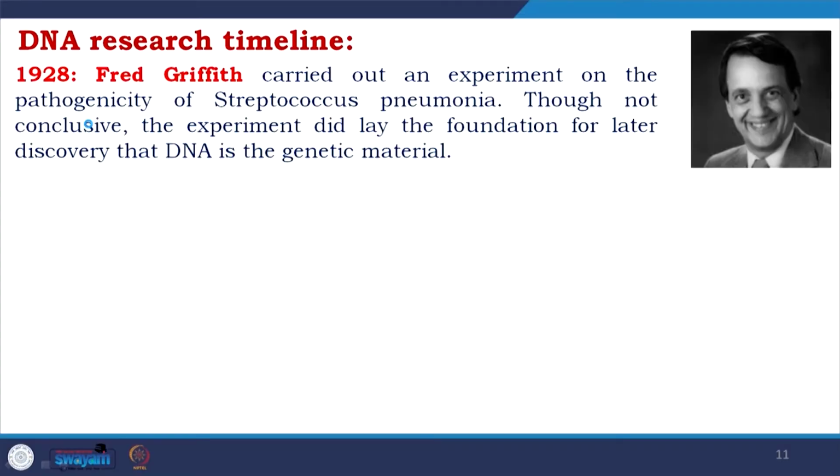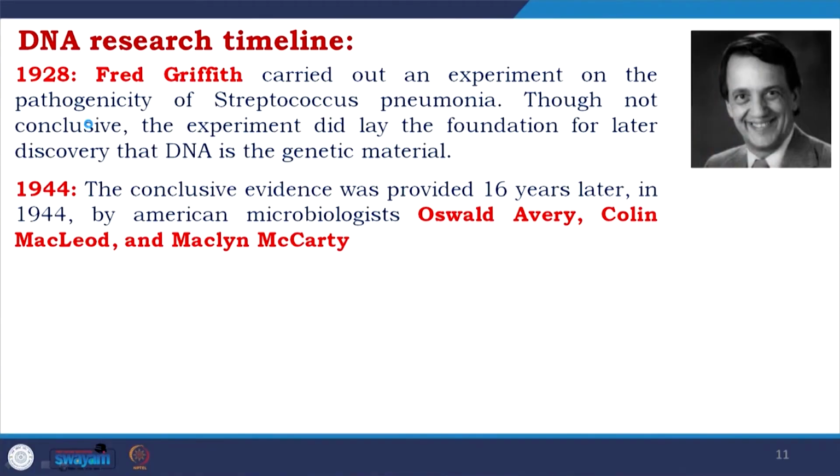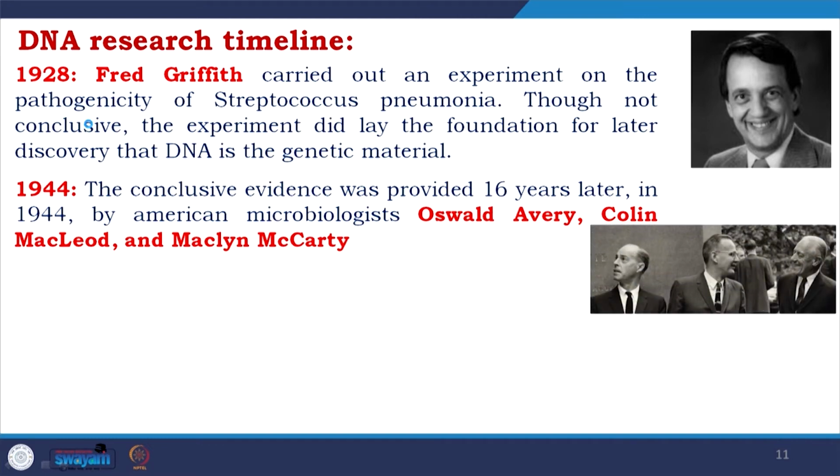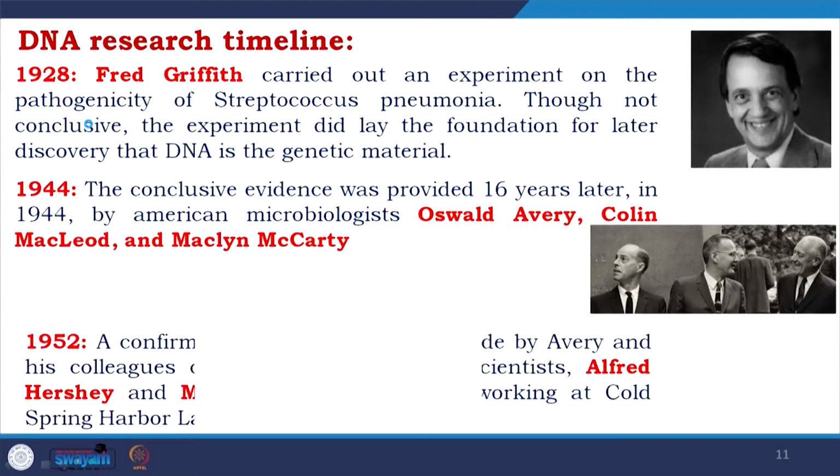His experiment was not very conclusive, but that opened the field, which was continued in 1944 by Oswald Avery, Colin MacLeod and Maclyn McCarty, who took the factor, added protease and DNase, and when there is DNase, the virulent factor is not effective, so it is DNA.